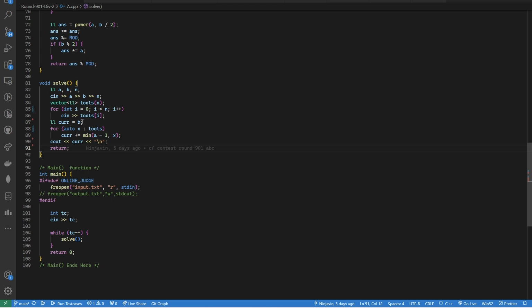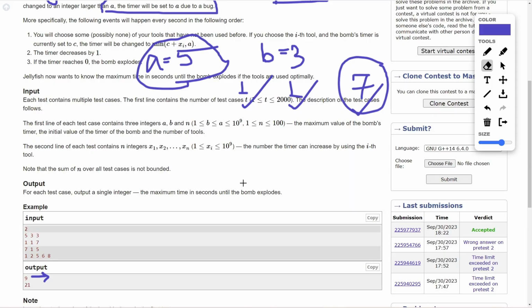So I'm moving through all the tools, and we can only add the minimum of the max value which we had, or the timer which this tool can add. So this is the code for it, and this is it.